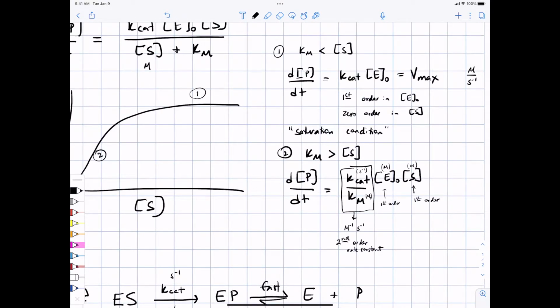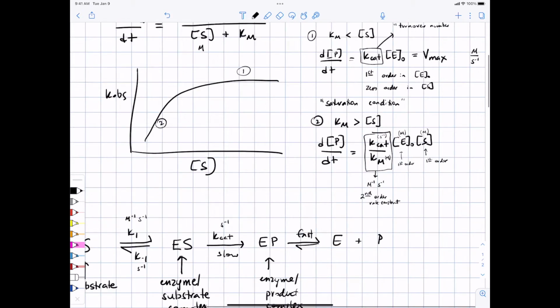Let's see, I did tell you that Kcat is sometimes called the turnover number because it literally means how many molecules per second, or per unit time, a single enzyme molecule can process. All right, now Kcat over Km can be difficult to interpret.